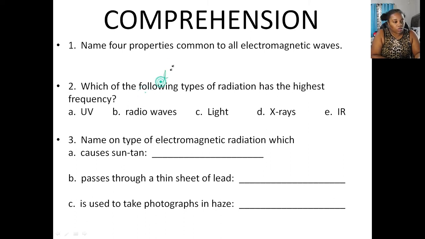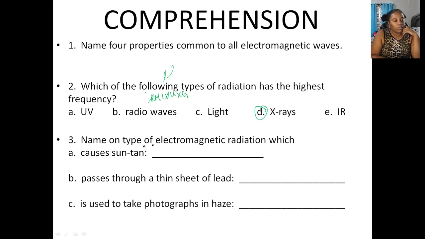And so the frequency, remember we said ROYGBIV with the M between the R and the O, and the highest frequency will be at the end here. So what do we have? We have UV, we have radio, so radio is gone, we have visible light, X-rays, so X-rays win.